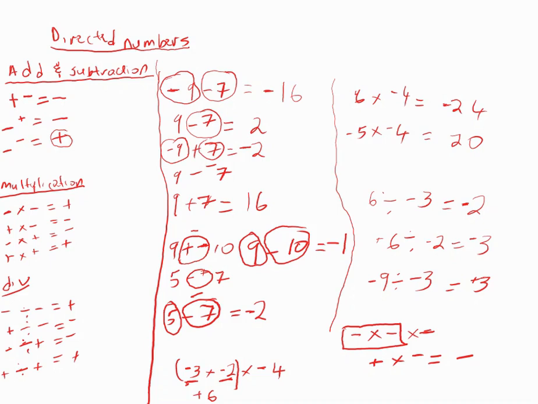Now we have positive 6 multiplied by negative 4. You see, now we are also working with two numbers. So 6 multiplied by 4 is how much? That is 24. So is it positive or negative? We see 6 is positive and 4 is negative.